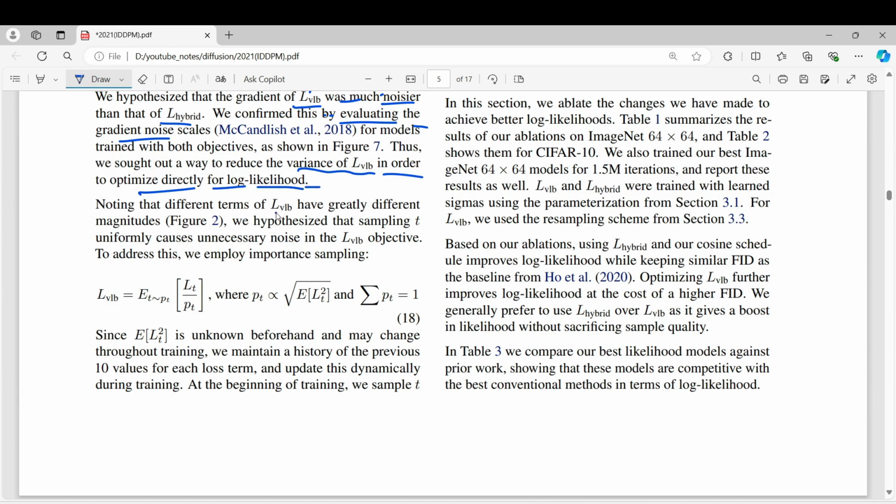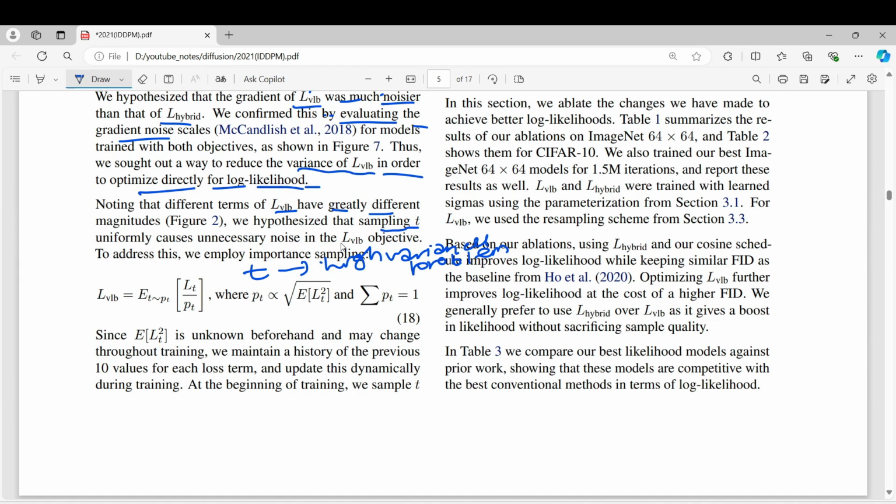Noting that the different terms of L_vlb have greatly different magnitudes, we hypothesize that sampling t uniformly causes the L_vlb objective to have high variance, or gradient noise. So sampling t uniformly caused unnecessary noise.